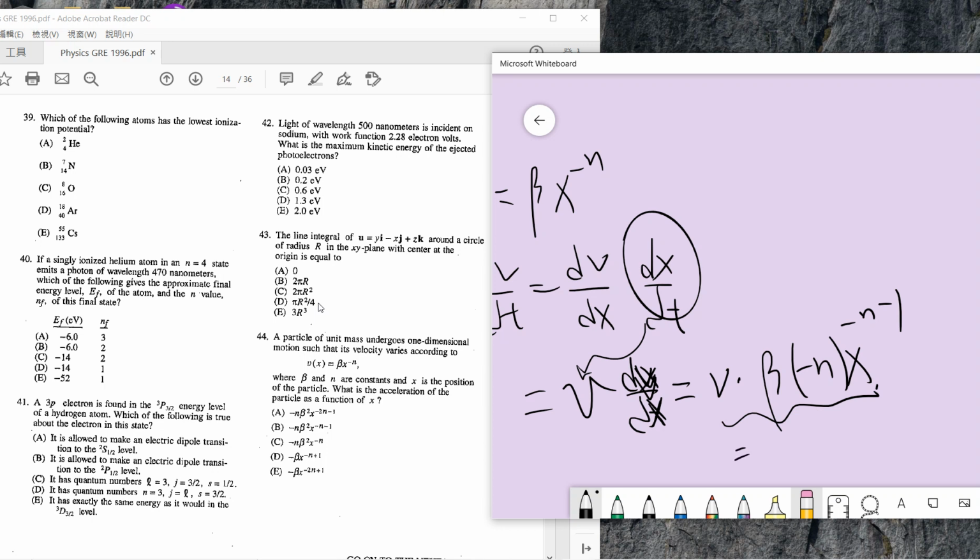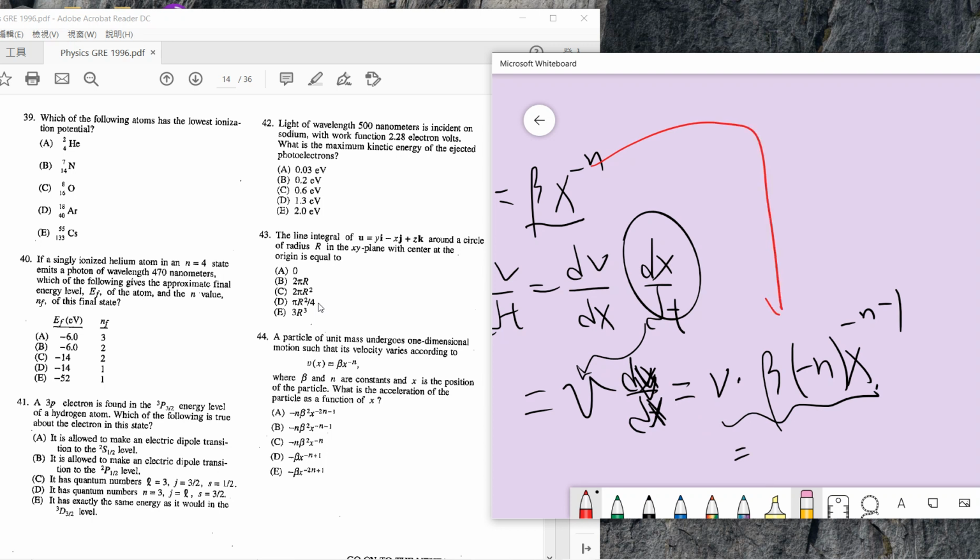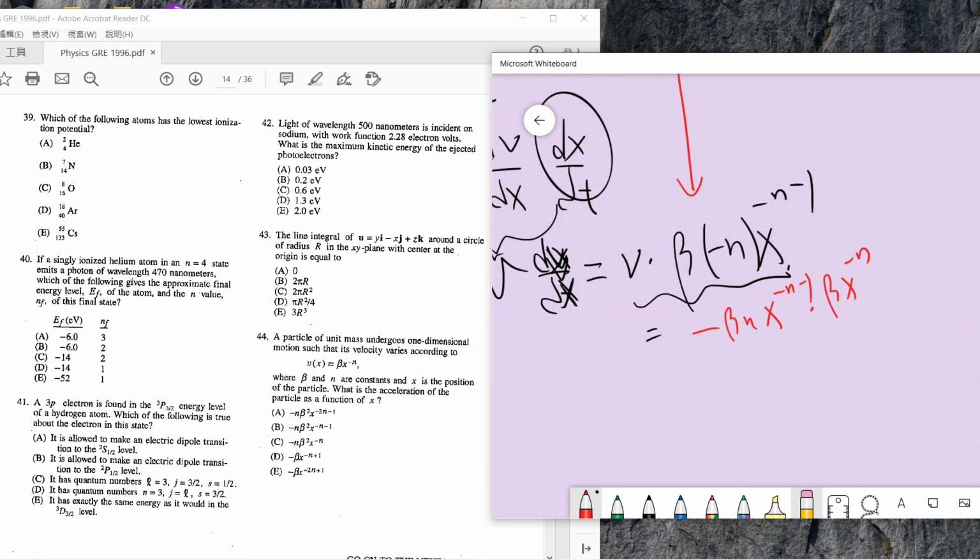Unfortunately, there's no such answer, so we need to plug v equals beta x to the minus n into this. So we have minus beta n x to the minus n minus 1 times v, which equals minus beta squared n x to the minus 2n minus 1 power. So the answer is A, which is exactly the same as our computation.